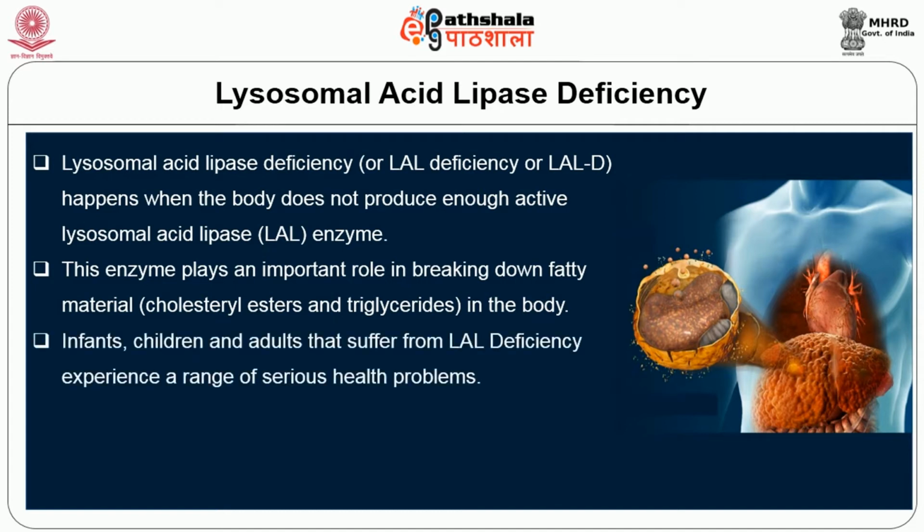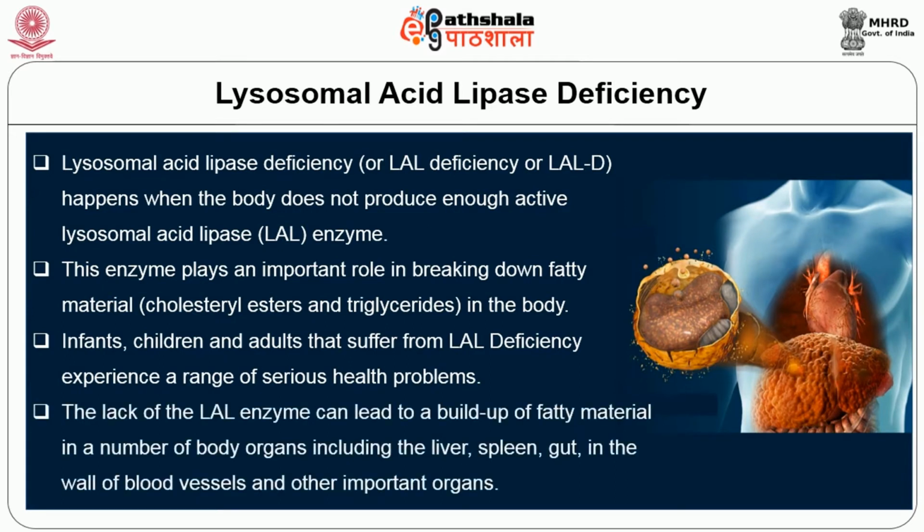Infants, children and adults that suffer from LAL deficiency experience a range of serious health problems. The lack of the LAL enzyme can lead to a buildup of fatty material in a number of body organs, including the liver, spleen, gut, the wall of blood vessels and other important organs.